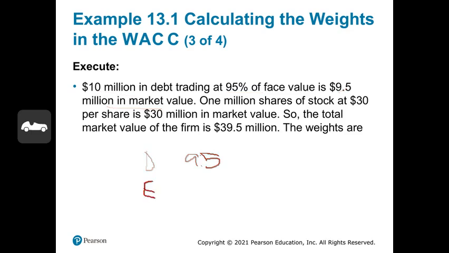So 1 million shares of stock at $30 per share is 30 million. You add up, we get a total of 39.5, right? We're going to need that total so that we can calculate our weight. So we want to know the 9.5 is what percentage of the 39.5. The 30 is what percentage of the 39.5. It's got to add up to 100%.